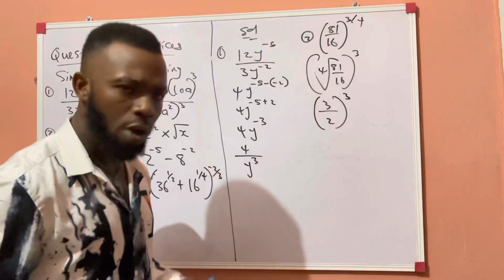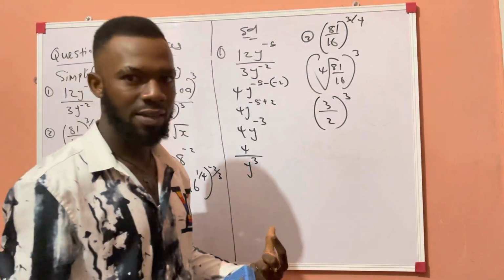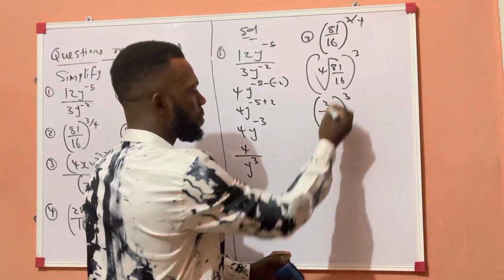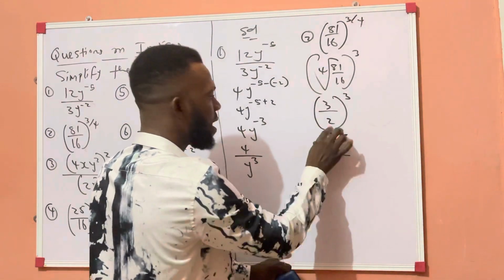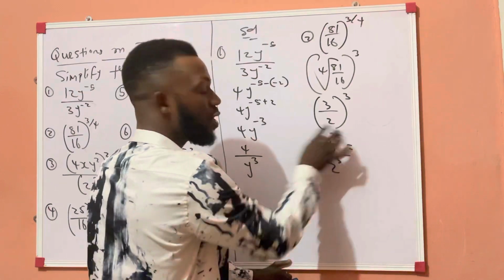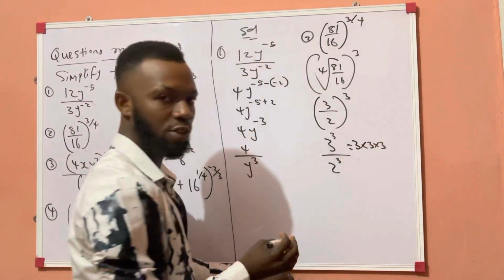3. Now also we said, when the power is outside, it affects everything inside, be it a fraction or a whole number. So automatically, here becomes 3 raised to the power of 3 over 2 raised to the power of 3. And you know what that means? 3 raised to the power of 3 simply means 3 times 3 times 3, in 3 places.